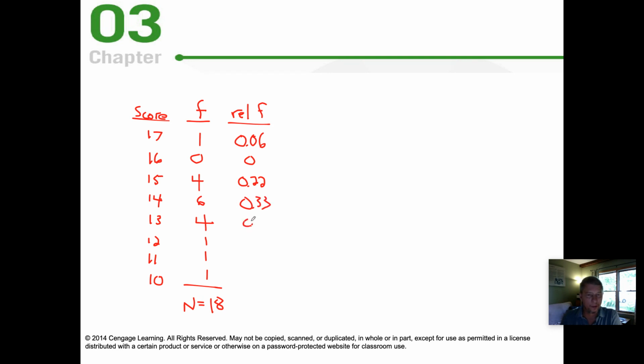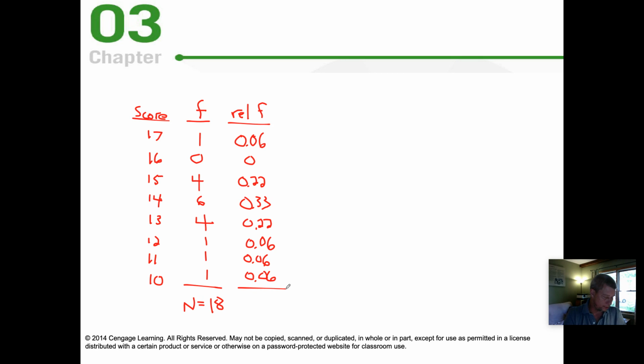We already calculated 4 divided by 18. And we already calculated 1 divided by 18. And I'm sorry for the sloppiness here, but again, I'm trying to write this with a mouse. Now, in terms of relative frequencies, you want to make sure that these actually add up to 1.